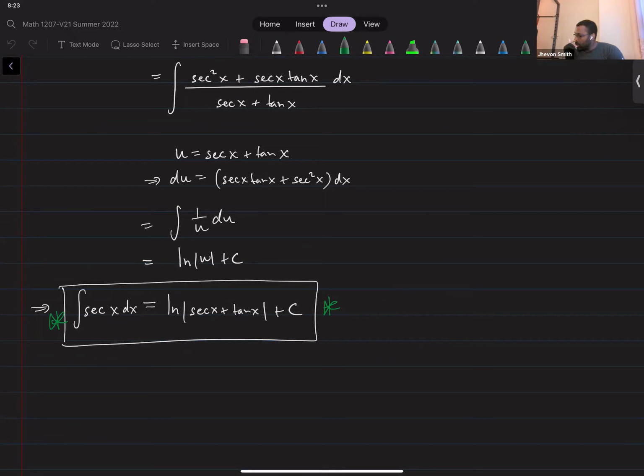Okay, so now in this section, we deal with several forms of trig.